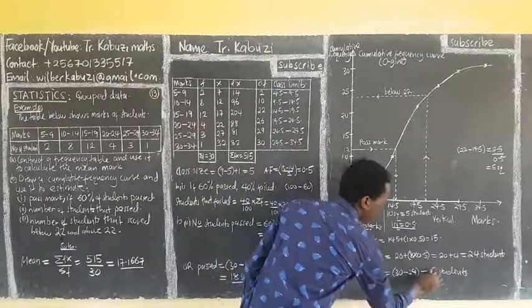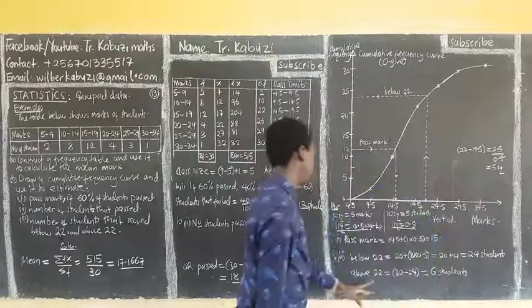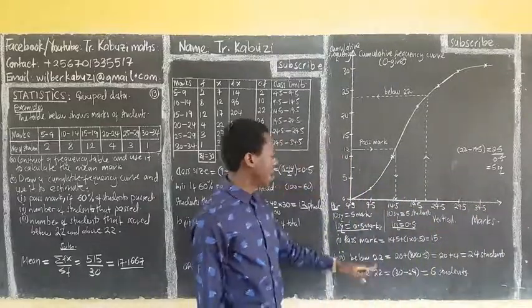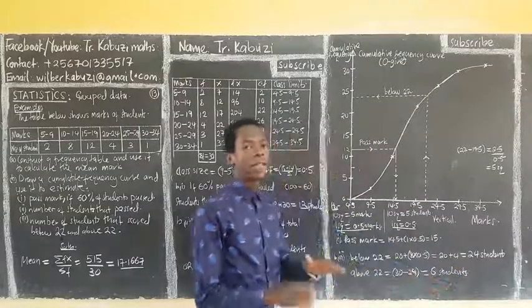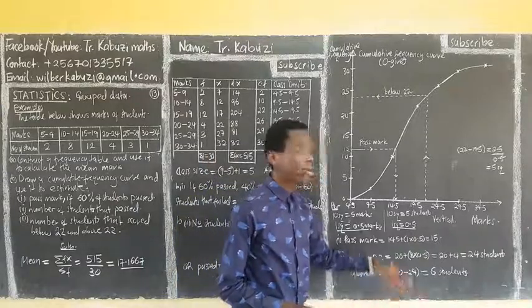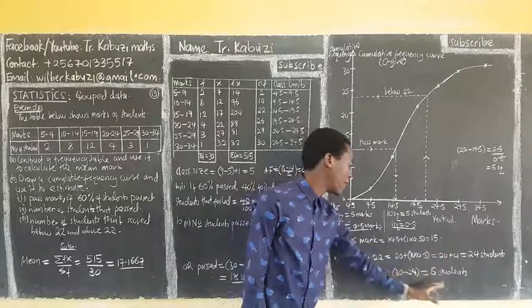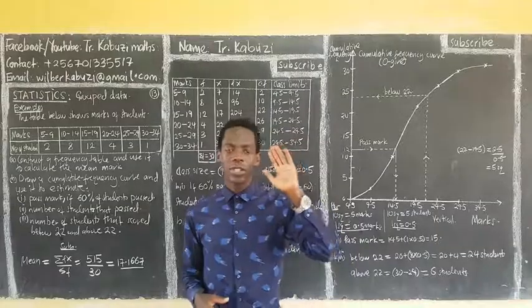This is going to be 6. So, students who managed to score above 22 were only 6 students. It means that if you never scored below, it means that you scored above it. You get now 30, the total students, minus those who scored below 22, then you get 6 students. So that's how we handle those numbers. I wish you the best.